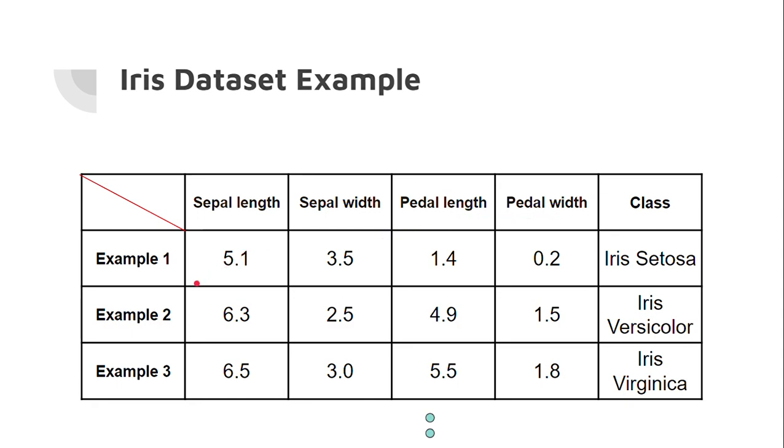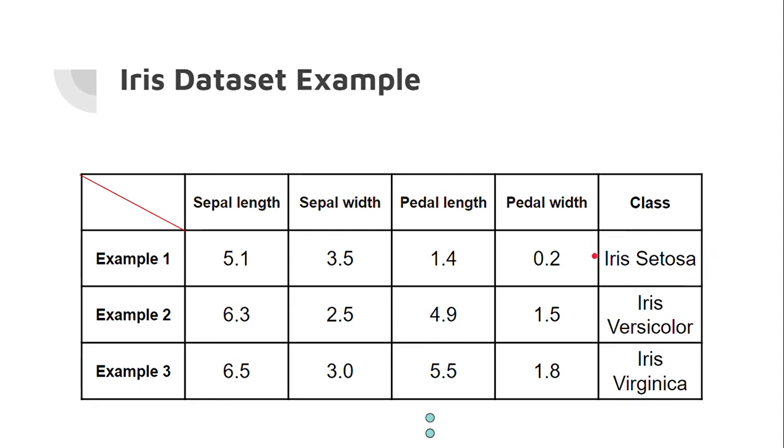Let's take the first flower. In the first flower, you have a sepal length of 5.1, a sepal width of 3.5, a petal length of 1.4, and a petal width of 0.2. Now this is flower 1, and the class it's given is Iris setosa. This is a classification of the iris flower.